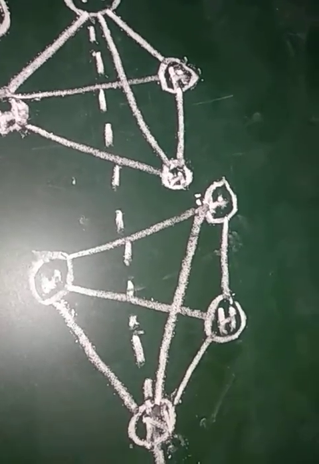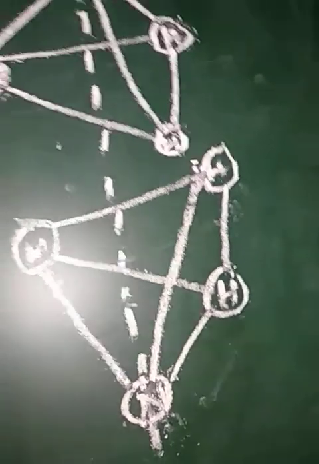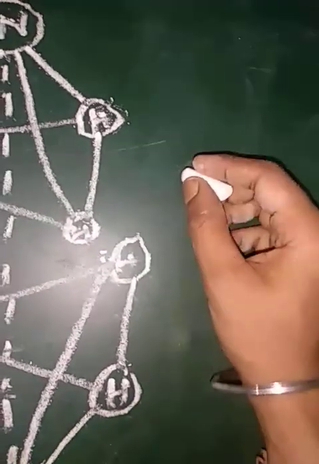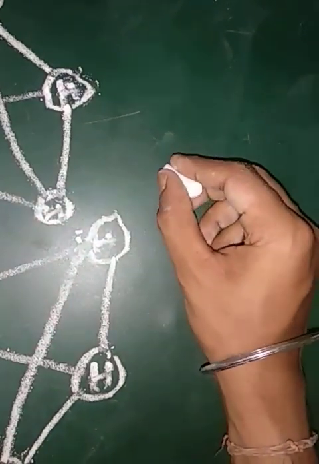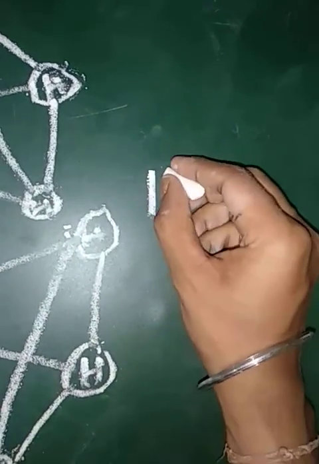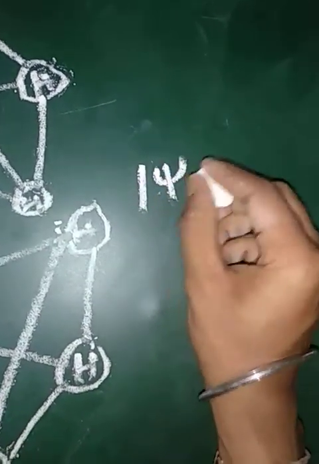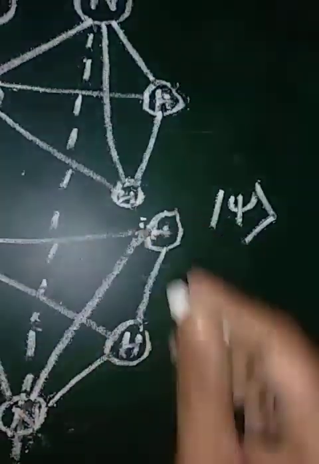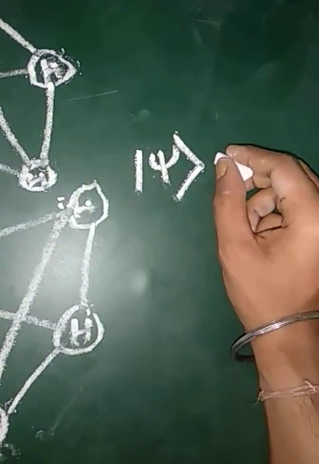Now we will describe any, say the ammonia molecule is represented by a wave function. Generally a particle is represented by a wave function, but a system, the entire system, is written by the state.